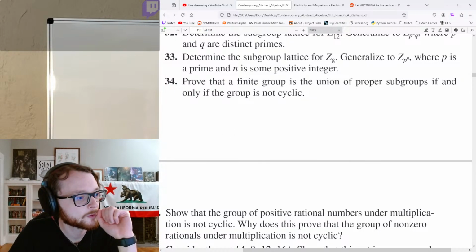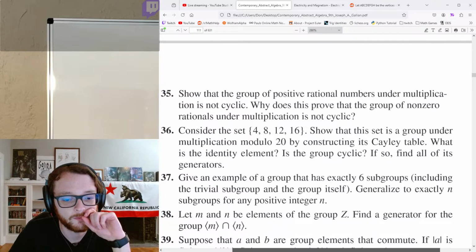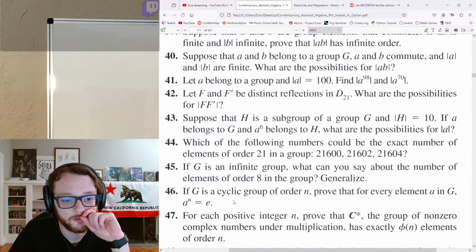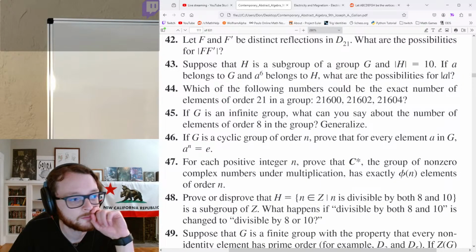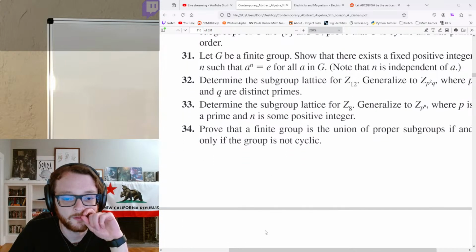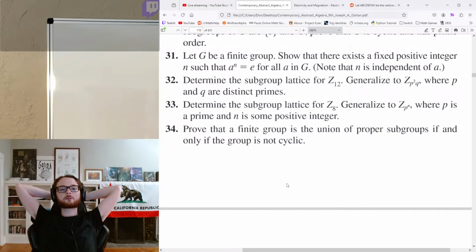Actually, is this the question I'm thinking of? What will be next? 41 or 44? I just want to see if I'm on the wrong track already. Oh, maybe I'm thinking of a different one. I don't know. A finite group is the union of proper subgroups if and only if the group is not cyclic.